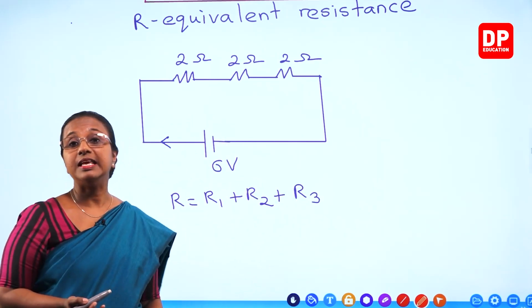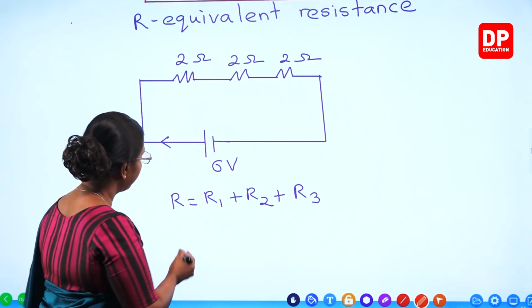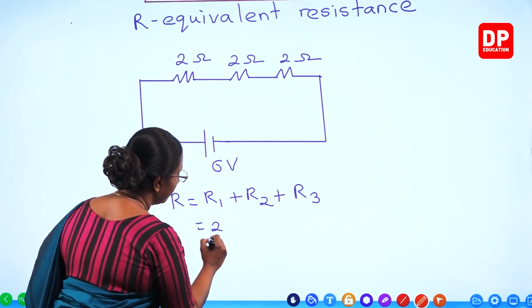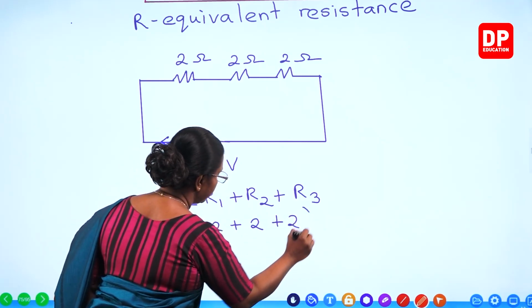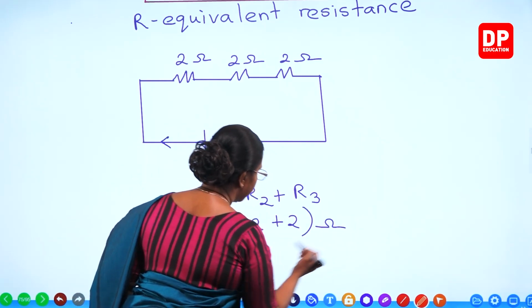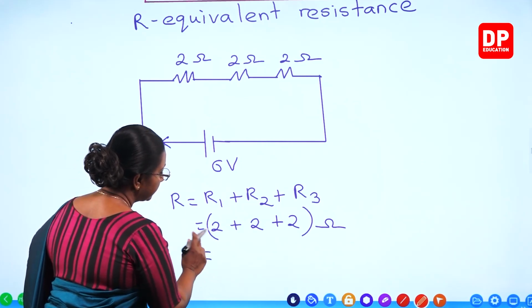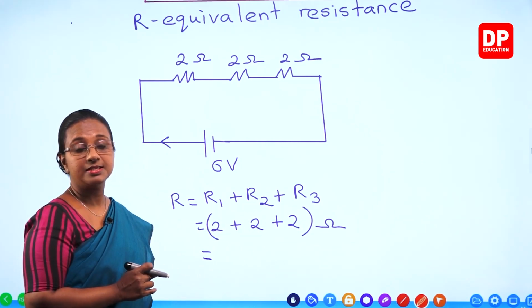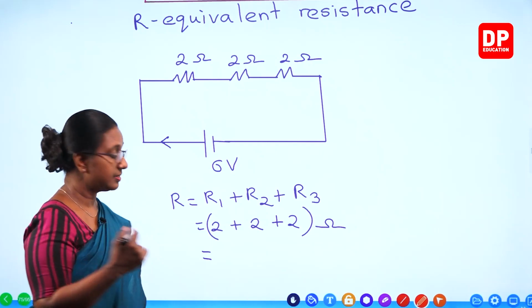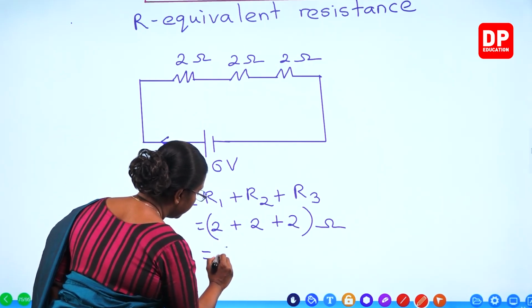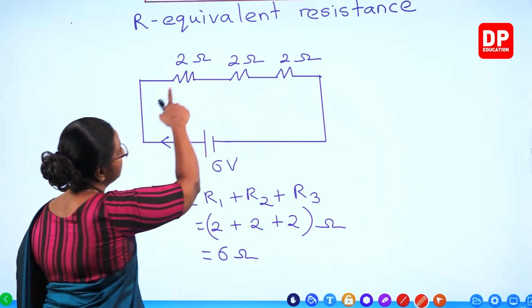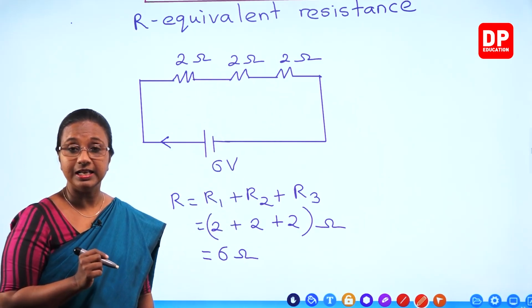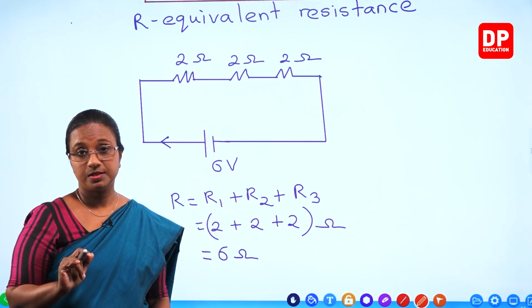R1 equals 2 ohm, plus R2 is 2 ohm, R3 also 2 ohm. What is the sum of all the resistors? 2 plus 2 plus 2, so 6 ohms. The equivalent resistance of this particular circuit is 6 ohms.